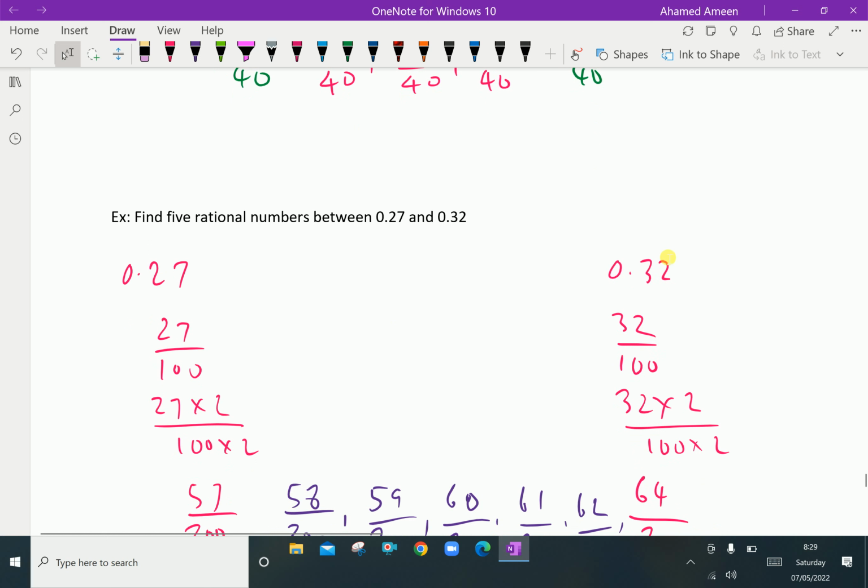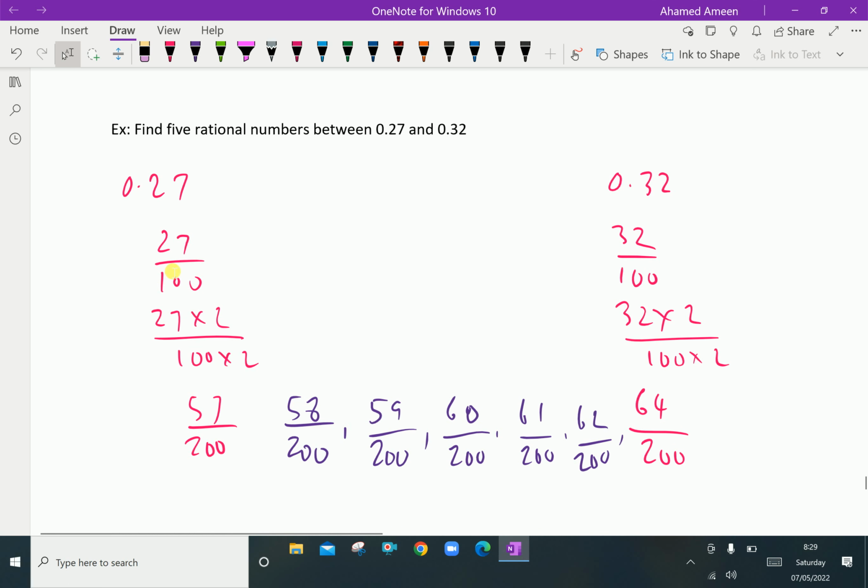Here decimals are given. We have to find 5 rational numbers between them, which means we have to make them rational numbers. 0.27 is 27 by 100, here 32 by 100. In between 27 and 32 we still need more places for 5 rational numbers. So multiply by 2, 27 into 2 is 54.